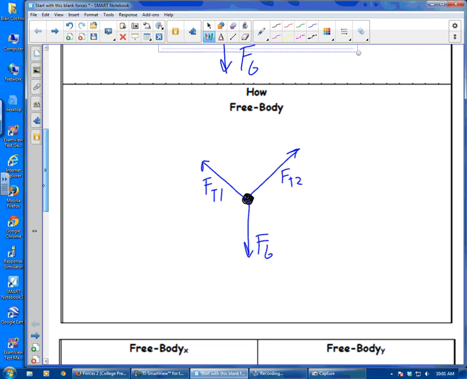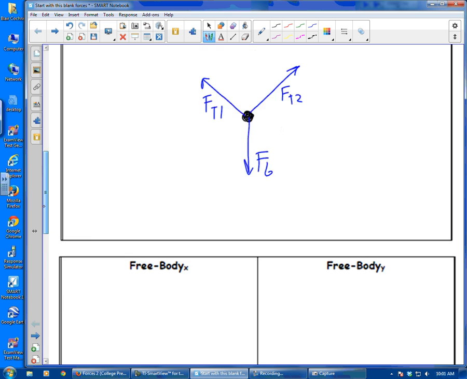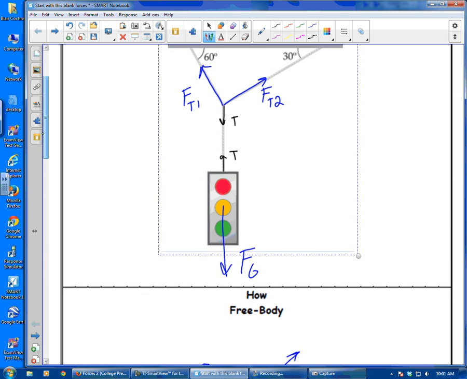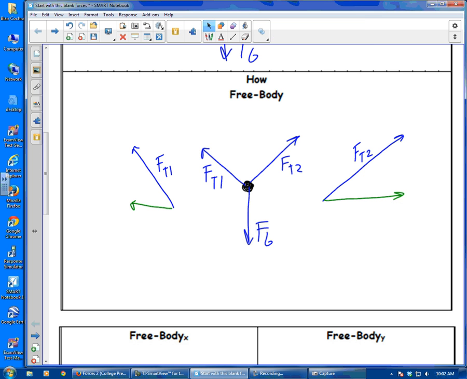And of course, my next step is I want to break this free body into X and Y, but to do that I need to break these into their components. So if I have FT1 pointing in this direction and FT2 pointing in that direction, I want to break them into their components horizontally and vertically.